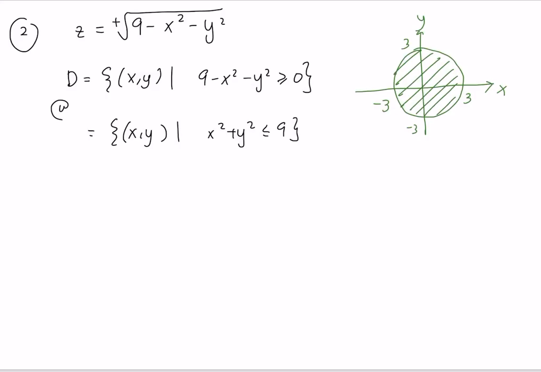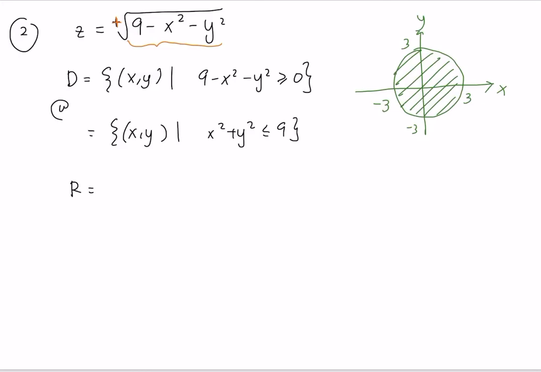How about the range? As we looked at in the previous video, we need to look at the output, the output for z. Since it's only the positive part, the maximum value will be the square root of 9, which is 3, and the minimum value is 0.